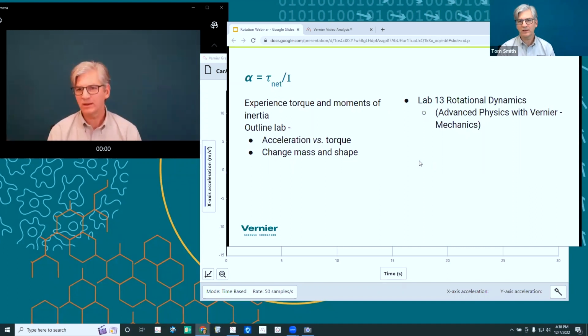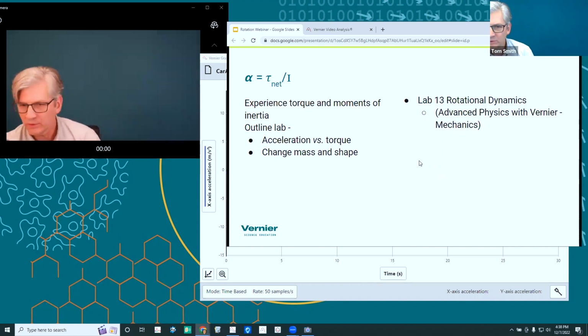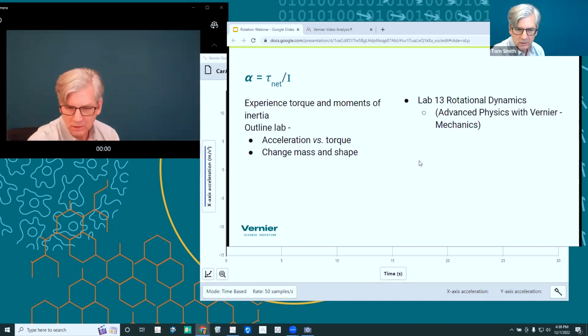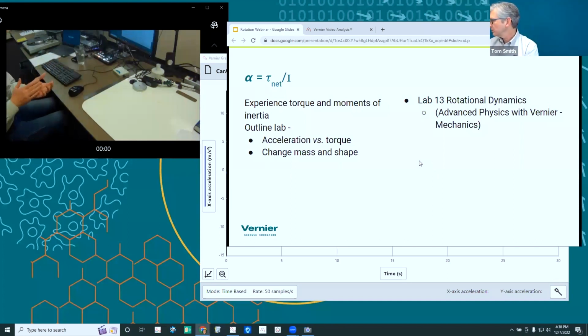So that's some sort of a kinesthetic appreciation for what torque is and how that configuration of the mass can affect rotations. And then jumping into Lab 13, rotational dynamics is kind of the target we're headed for at this point. So I'm going to adjust a few things here to show this.